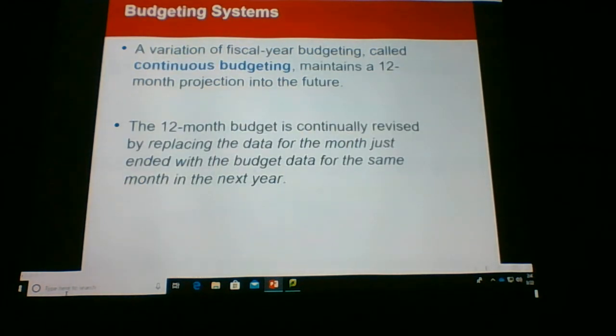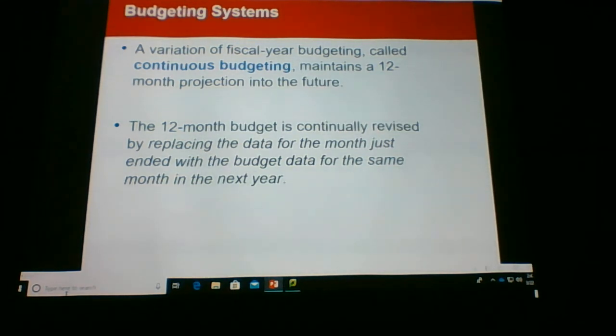So we have some other tools to help us with this budgeting process. And one tool that is very, very effective and is used in most industries by all of the top businesses is this concept of continuous budgeting. And continuous budgeting is essentially a rolling budget.